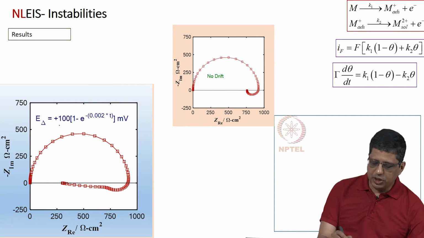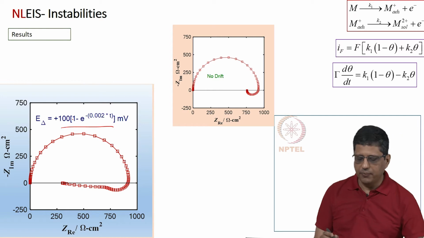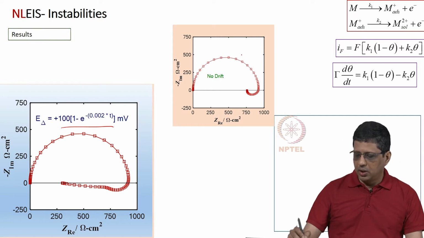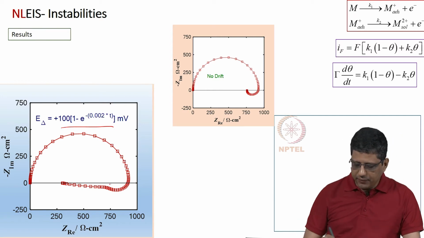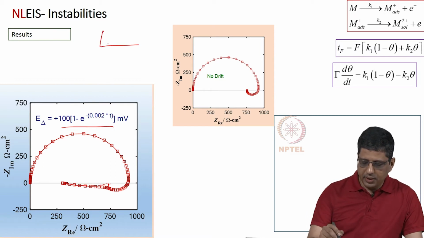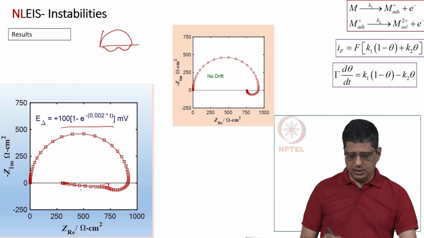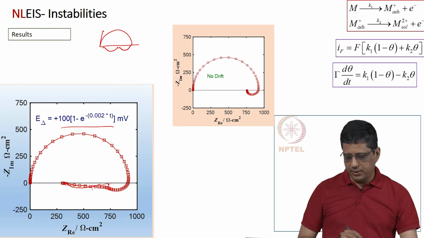If I have exponential change in the DC offset given by this number 0.002 second inverse and 100 millivolt plus 100 millivolt, instead of settling here it would drift. So, it would appear like a capacitive loop, an inductive loop and sort of an inductive loop. It is not really a clear inductive loop, but it looks like it is another loop here.